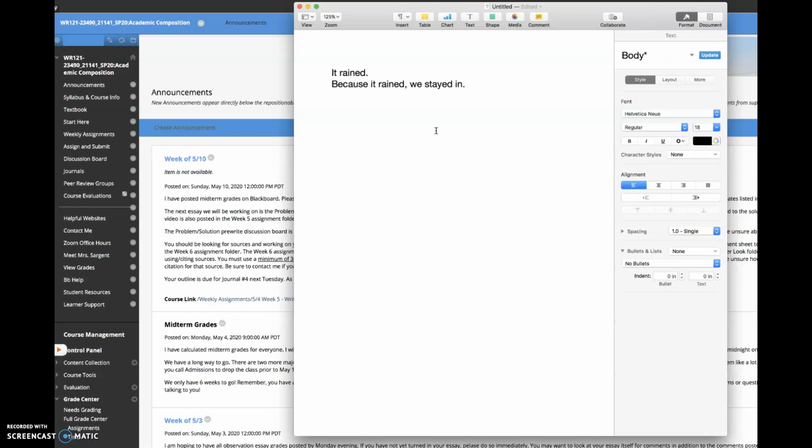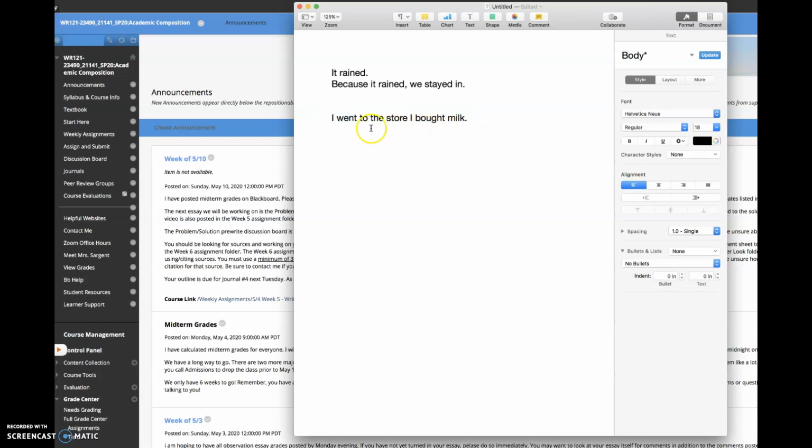When we talk about run-ons and comma splices, we're looking at something like this. How many sentences do I have here? I have two sentences. I went to the store. I bought milk.